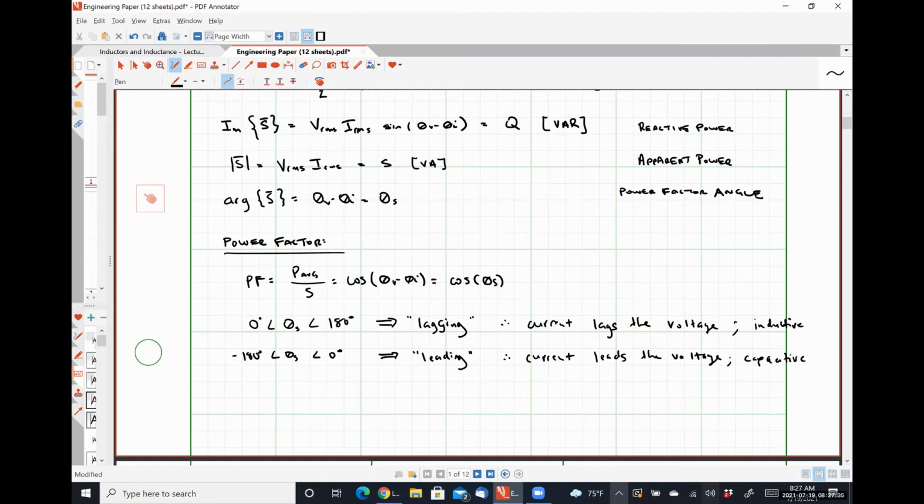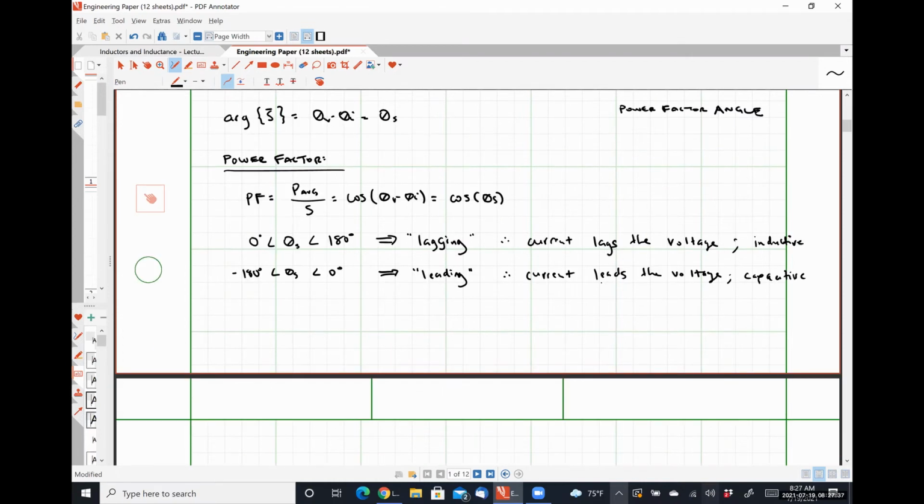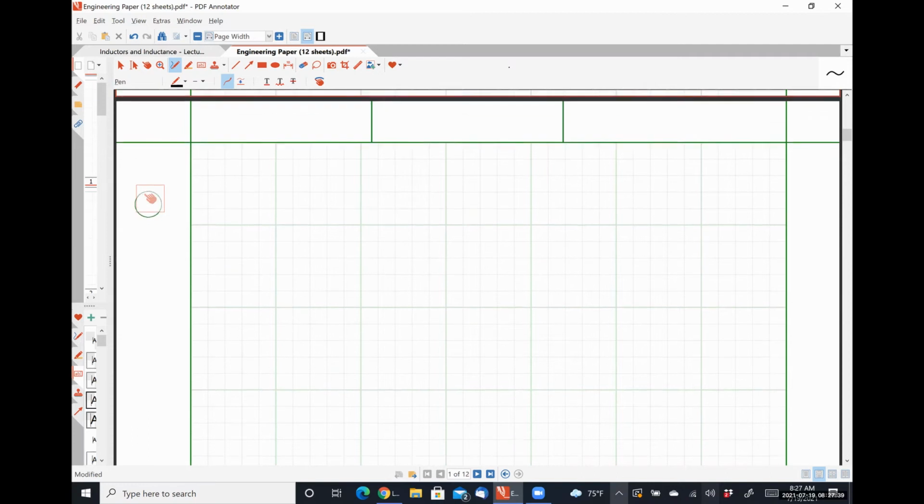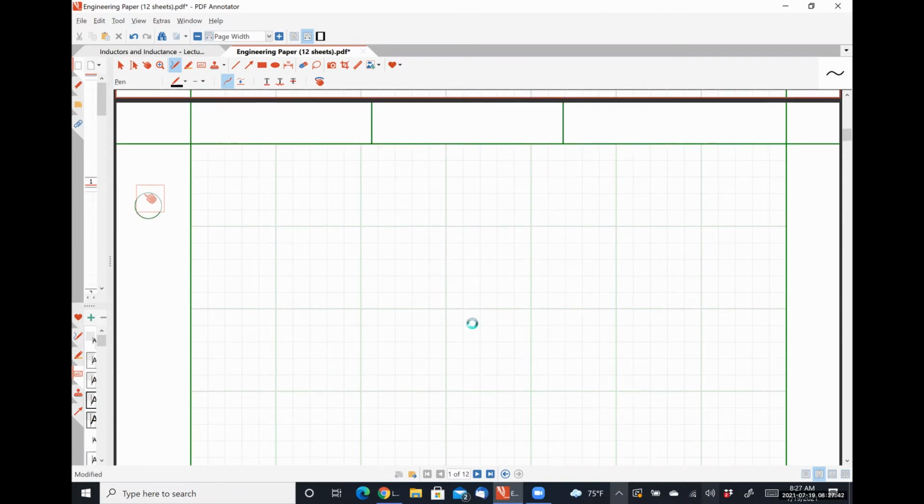All right. So I'd like to talk about the power triangle next. To help facilitate an easier understanding of the power relationships for a given load, power engineers have developed a graphical tool which illustrates these relationships in the power triangle.